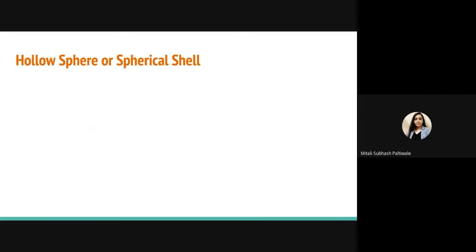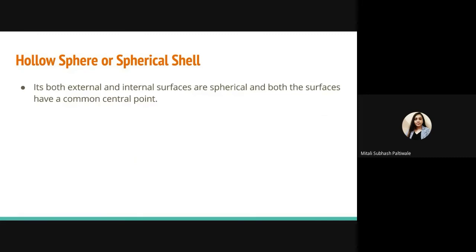A hollow sphere, or a spherical shell, looks like a ball wherein there is nothing inside it. So a hollow sphere will have inside and outside radii. Both its internal and external surfaces are spherical, and both surfaces have a common central point.